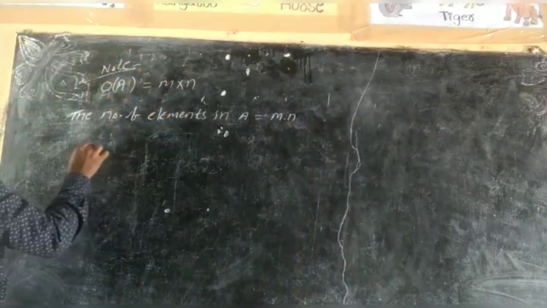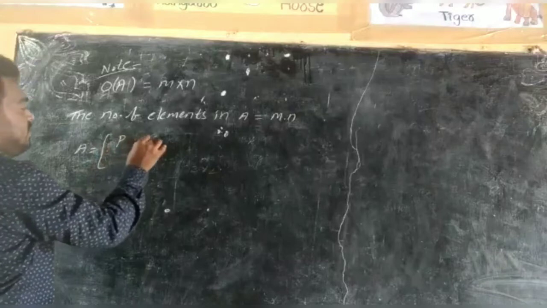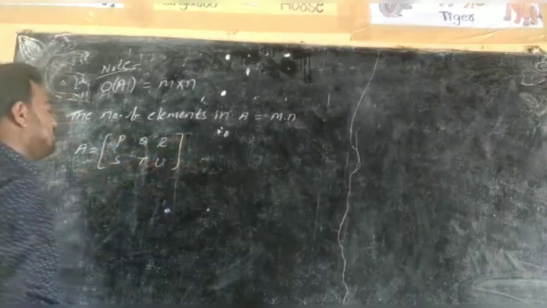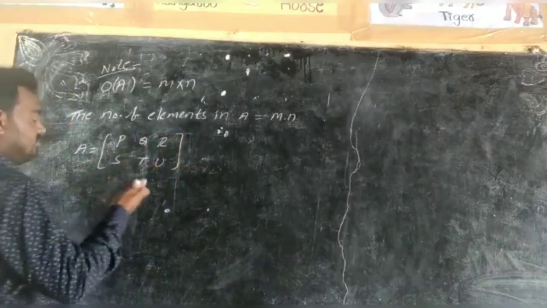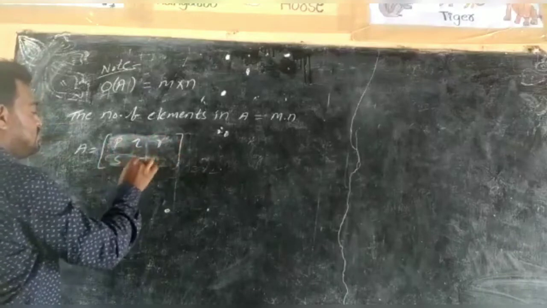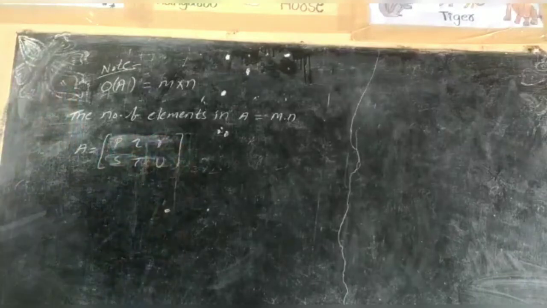For example, you see A is equal to P, Q, R, S, T, U, like this. One small matrix is there. P, Q, R, S, T, U, you write it. This is one of the matrices.